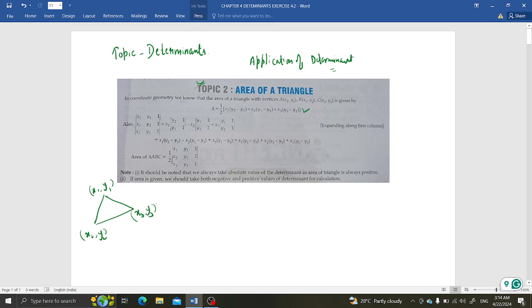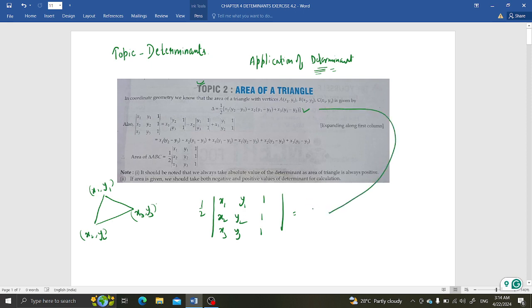But here we can't use that formula, we need to use the determinant. We observe that the value of the determinant 1 by 2 of x1 y1 1, x2 y2 1 and x3 y3 1 is the same as this expression.